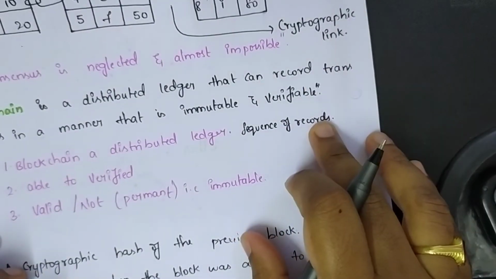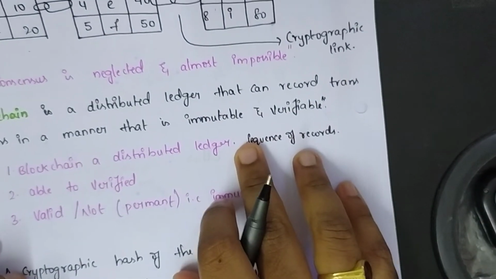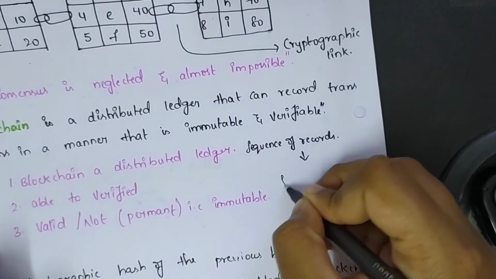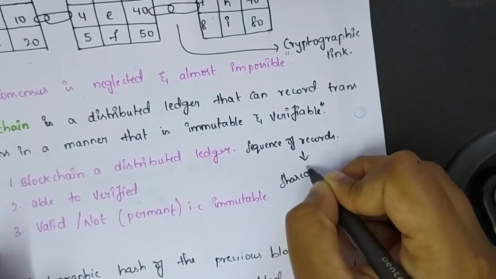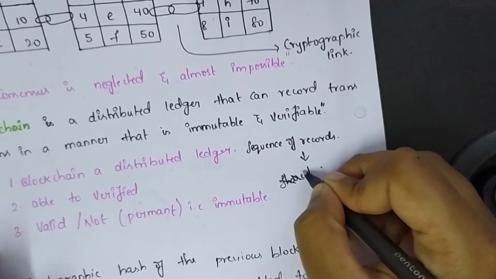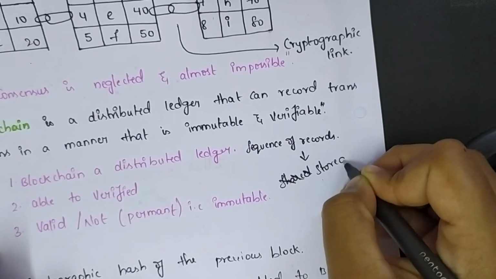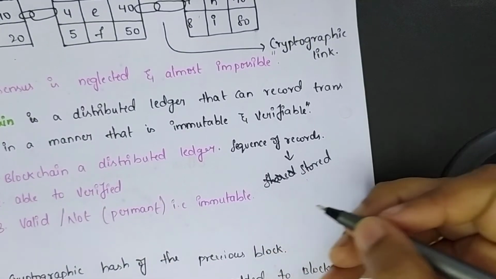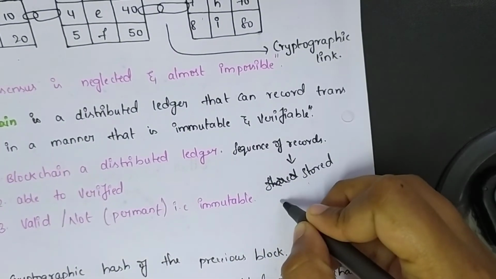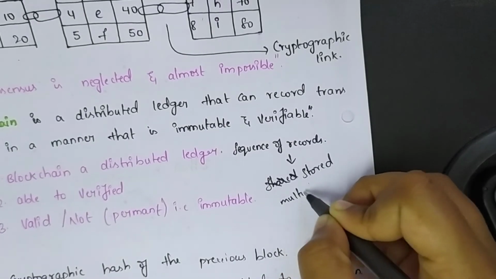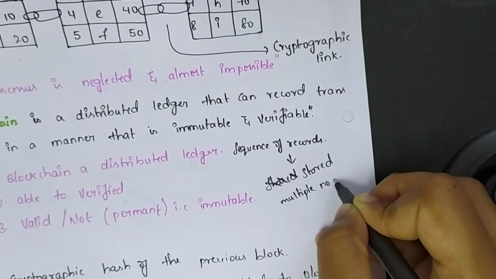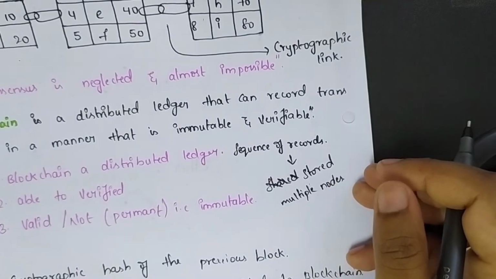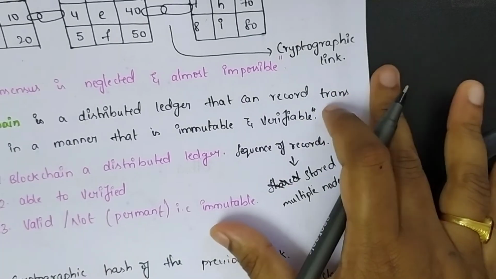And the records stored in the blockchain are distributed across multiple nodes, stored across multiple nodes of the blockchain. Multiple nodes in the sense of nodes which participate in the blockchain network.